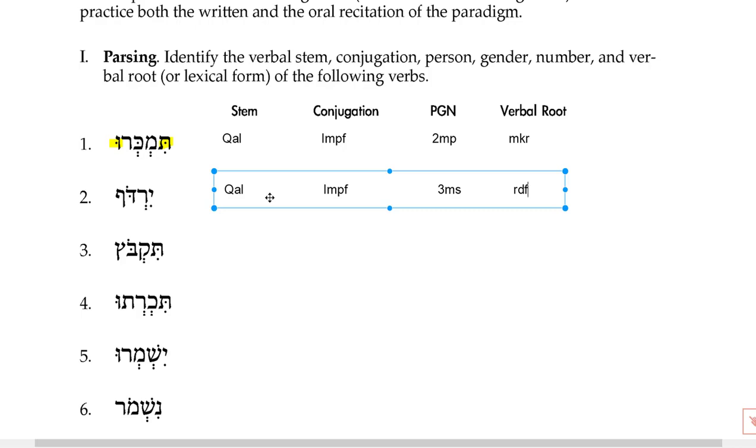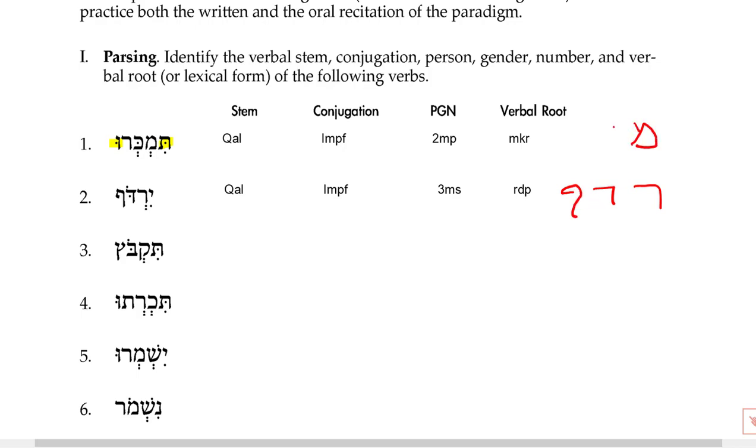And so I would pronounce it radaf, even though our three root letters are resh, dalet, and pe. So if I were to write that out, it would be resh, dalet with a hard right angle, and then a final pe, radaf. This one here would be makar, so mem, kaf, resh. So that's how I'd write them out, but if you don't have the Hebrew characters, that's fine, just use your keyboard and type them out in English.